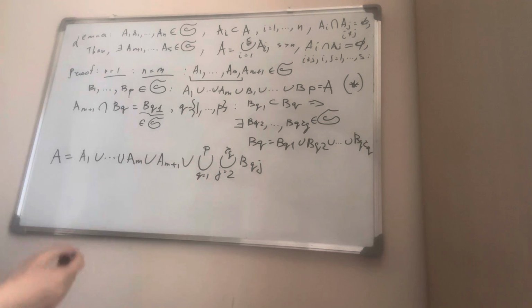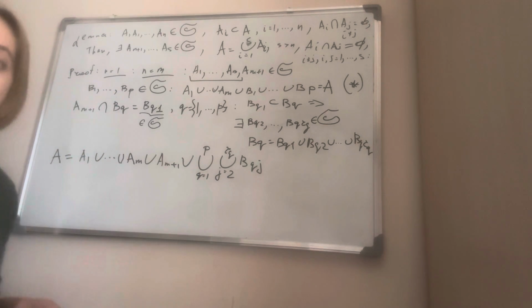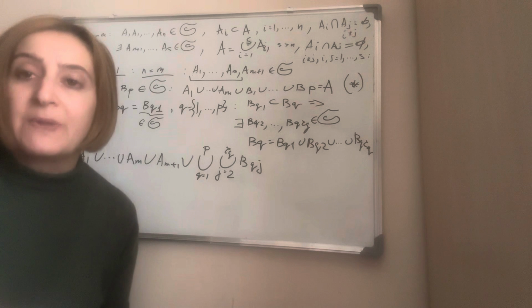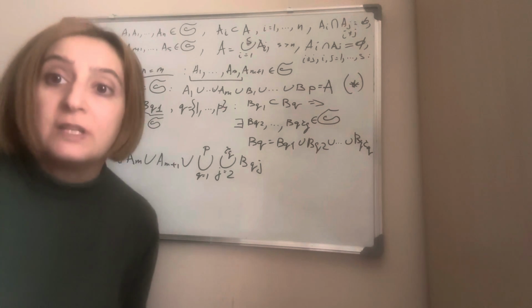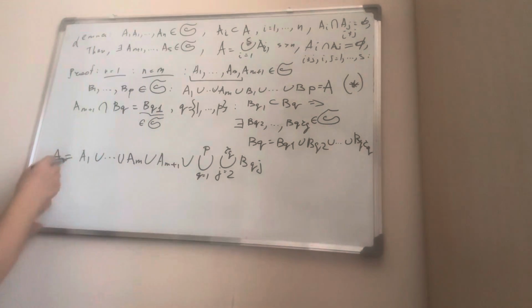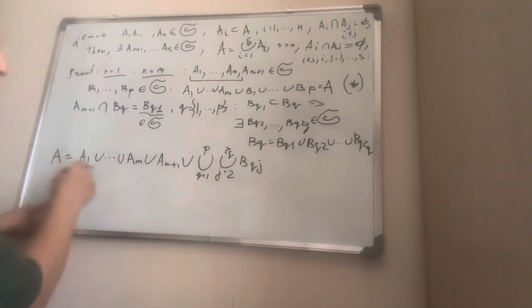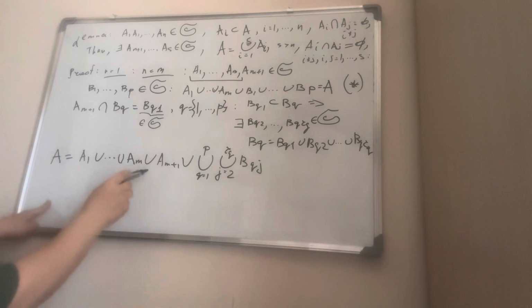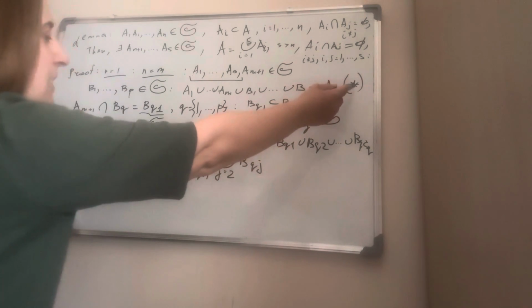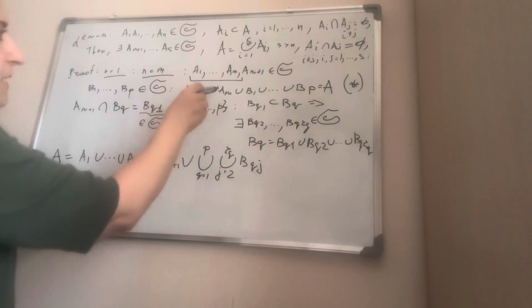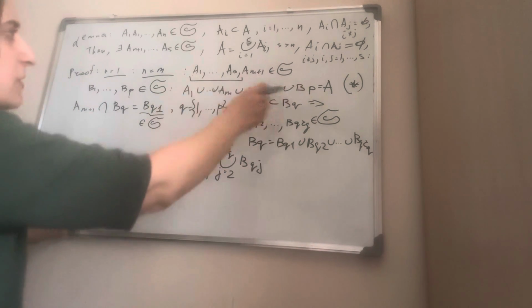And now let's discuss why all of the sets participating in the union are mutually disjoint. We have taken the sets from A1 to Am to be mutually disjoint from the beginning. And because we have this equation star, this means that A1, ..., Am, B1, ..., Bp are mutually disjoint.